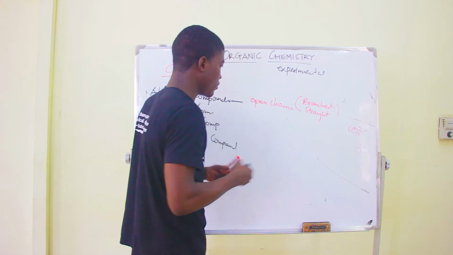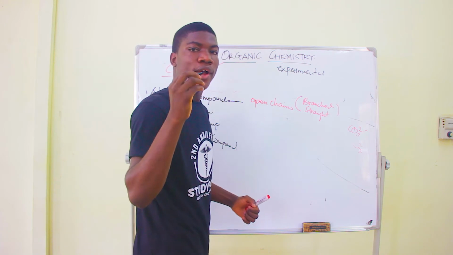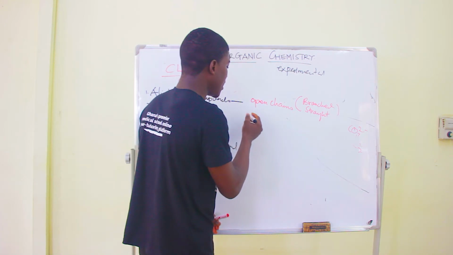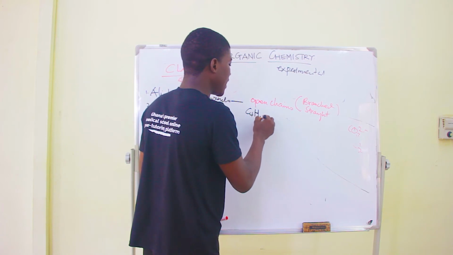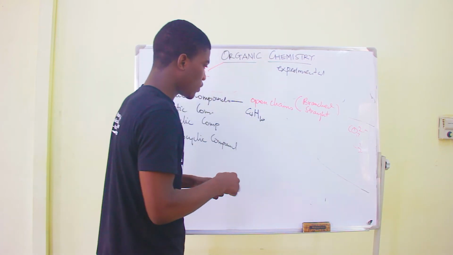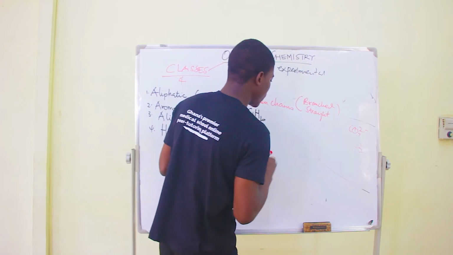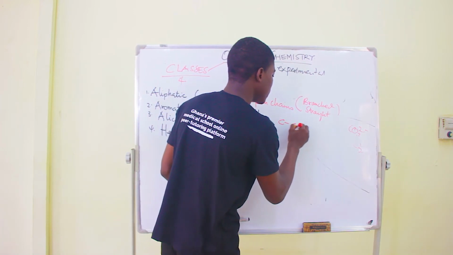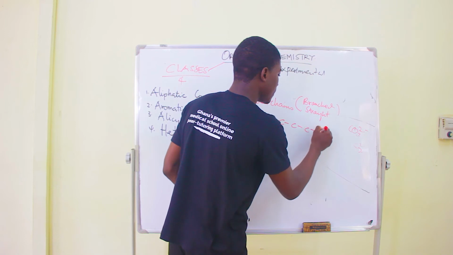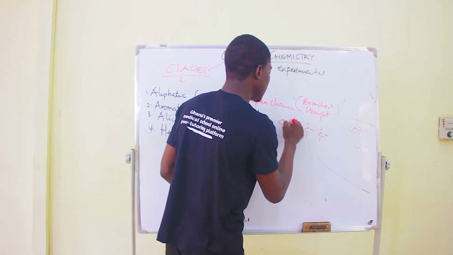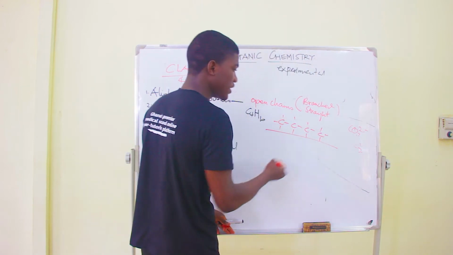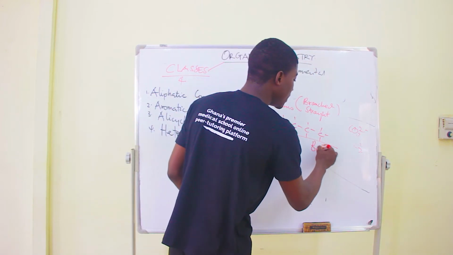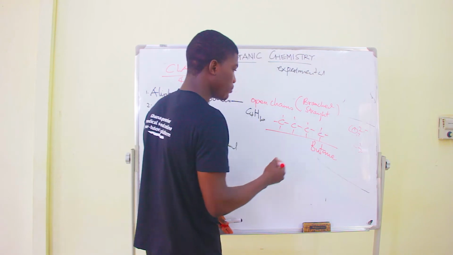So let me give you an example. Imagine we have a compound containing 4 carbon atoms and then 10 hydrogen atoms. This compound can be written as, let me just draw the structure for you, C, C, C, C, with H bonding to each. Now this is a straight chain. This is butane.